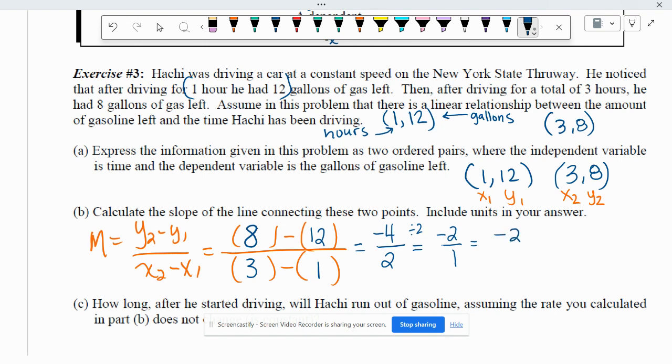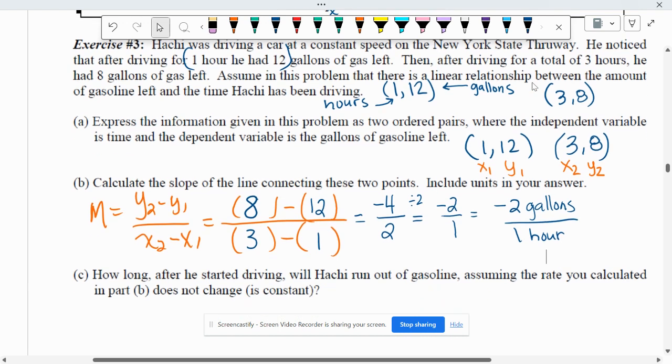So -2 gallons for every 1 hour that I drive. What does that mean, -2 gallons? Every hour that you drive, you use 2 gallons. The amount of gas in your tank is going down. That's why it's negative. So every hour that you drive, you use 2 gallons of gas.